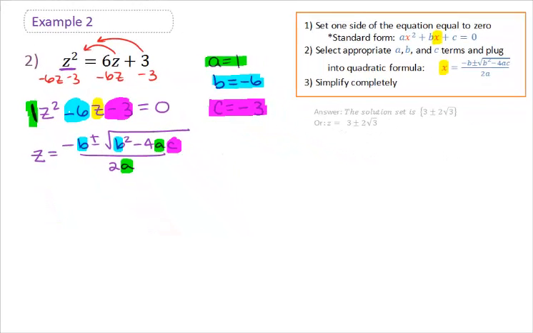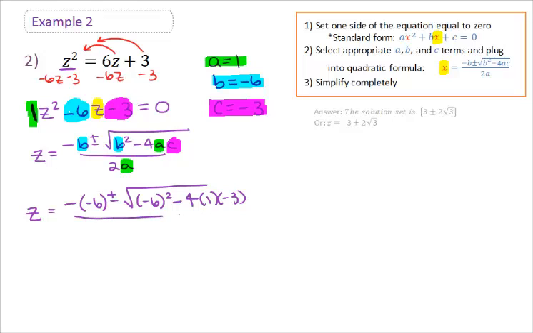Okay, now I just need to plug in my variables where they go. So I have z is equal to negative, and my b variable is negative 6, plus or minus square root. My b is negative 6 squared minus 4 times my a is 1. Times my c is negative 3, all over 2 times my a is 1.